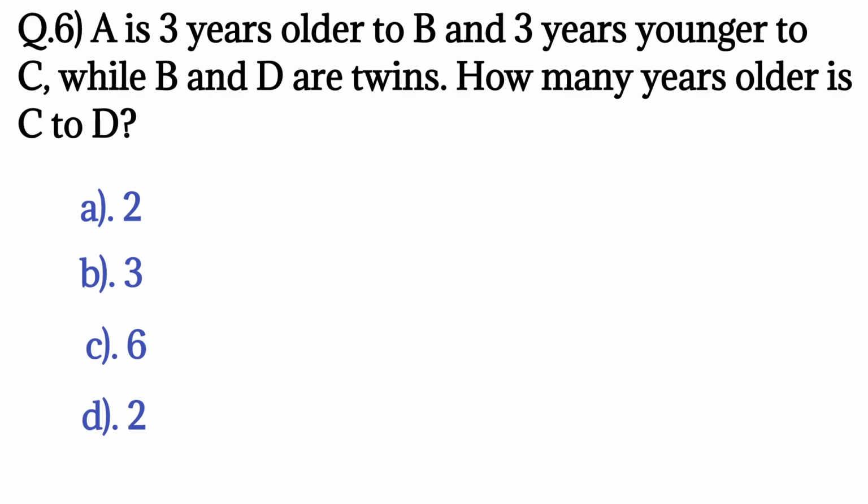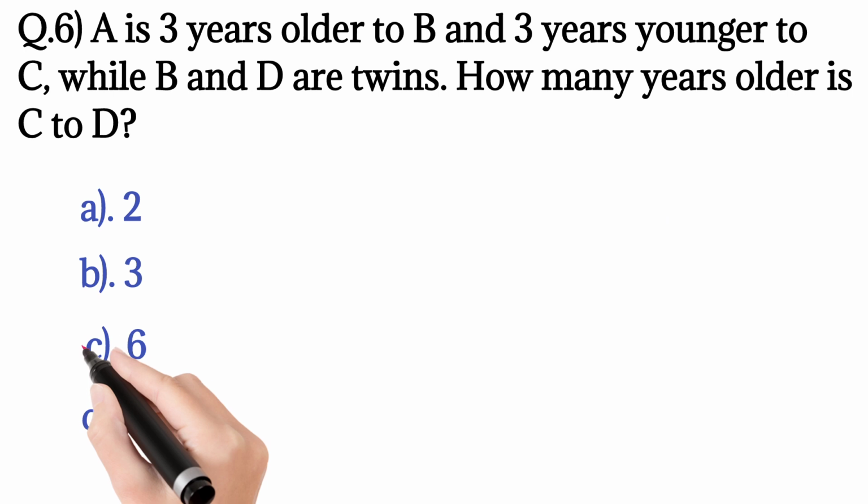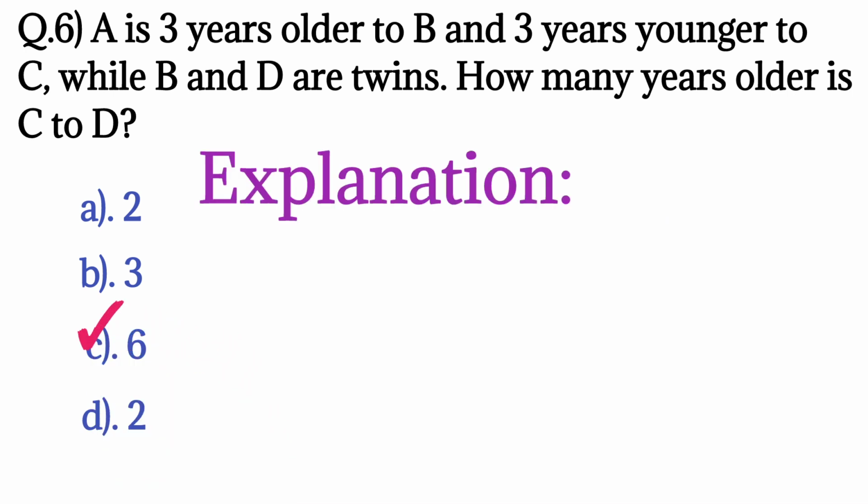Question number 6. A is 3 years older than B and 3 years younger than C, while B and D are twins. How many years older is C than D? The right option is option C, 6 years.